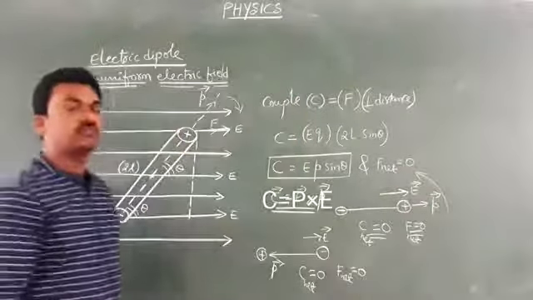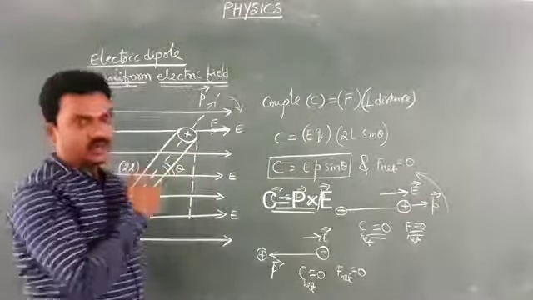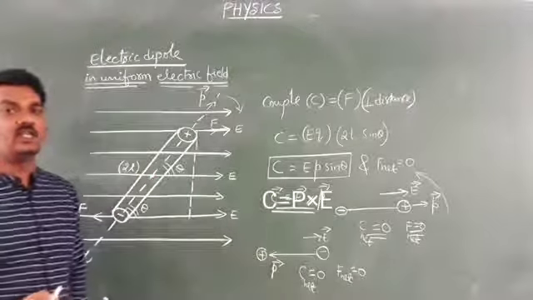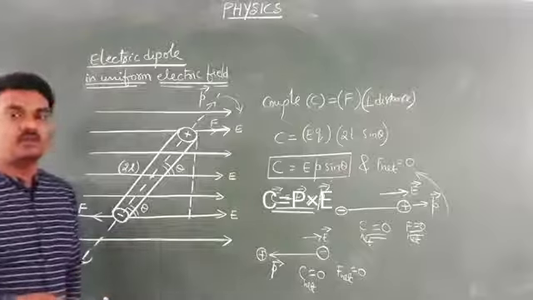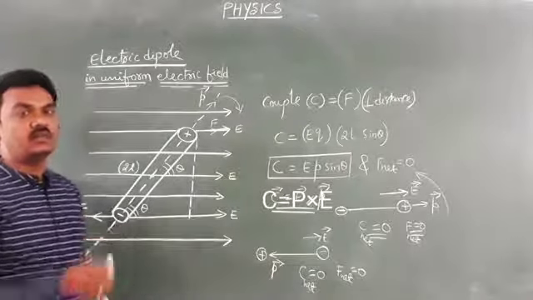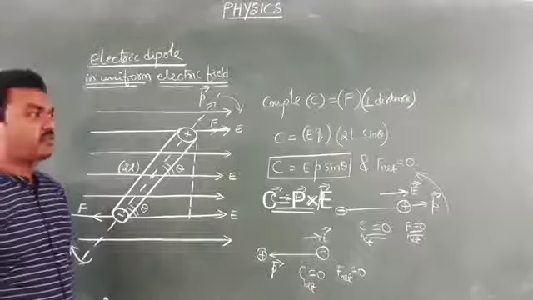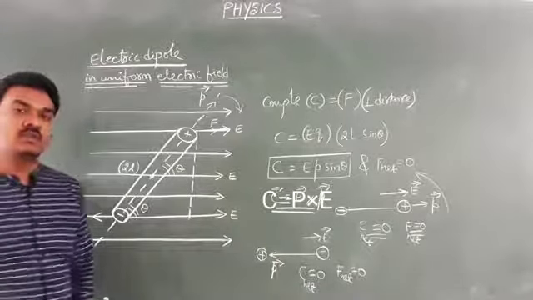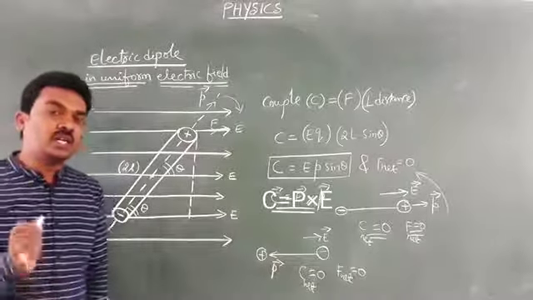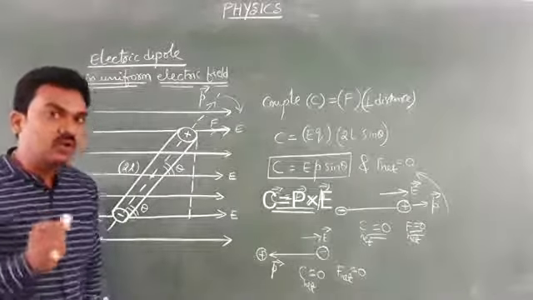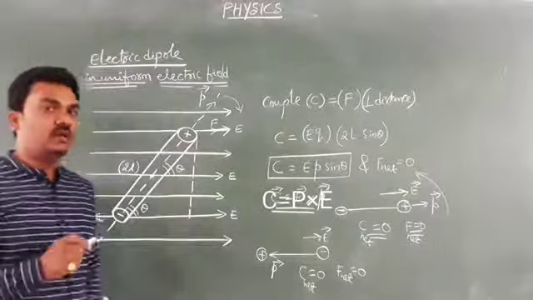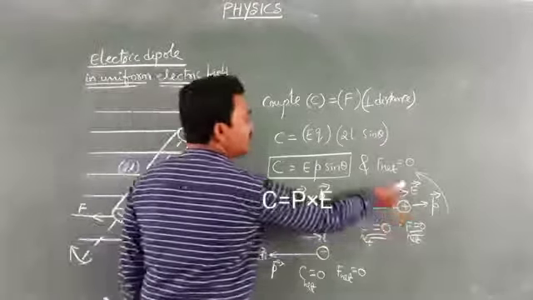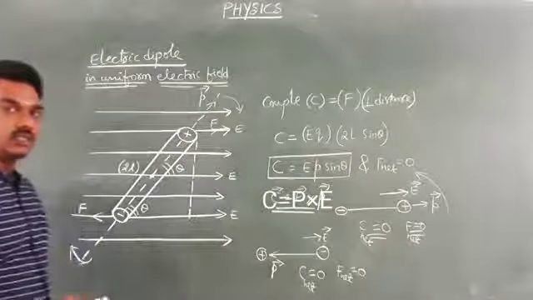Yes, then I have to do some work against the electrostatic couple which is acting on that dipole because of the electrostatic force, of course. So the next topic that we are going to discuss is work done to rotate an electric dipole in a uniform electric field. Hope you have understood the next topic. This is how I wish to rotate the dipole. We discuss, note down.